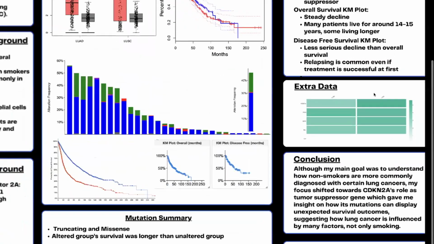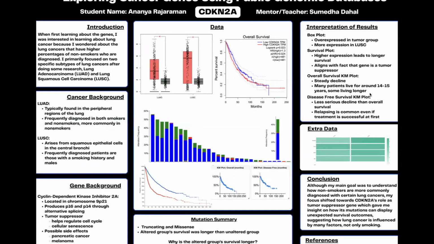And basically, in conclusion, I was able to learn a lot about CDKN2A's role as a tumor suppressor. This plot showed how the mutations can show unexpected survival outcomes because I found out that the altered group survival is longer, which I didn't expect.